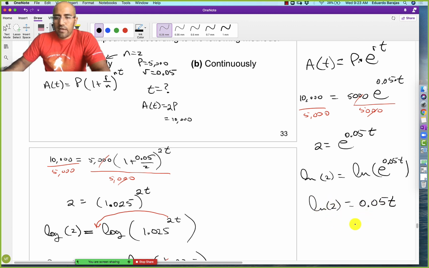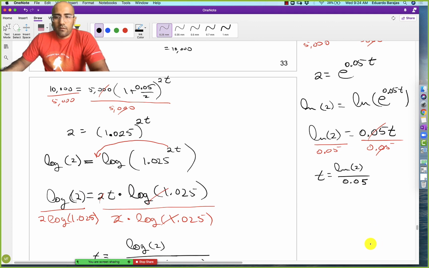And so if we divide both sides by this decimal, 0.05, these cancel, and we're left with t equal to ln of 2 divided by 0.05. Good. Again, we can just use our calculator to find a decimal approximation.